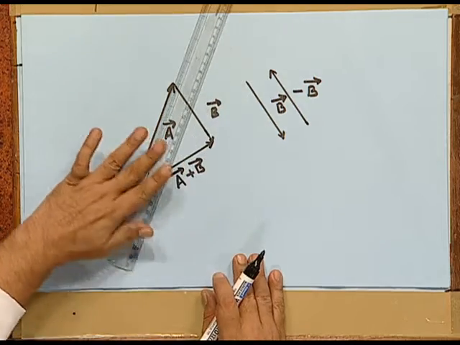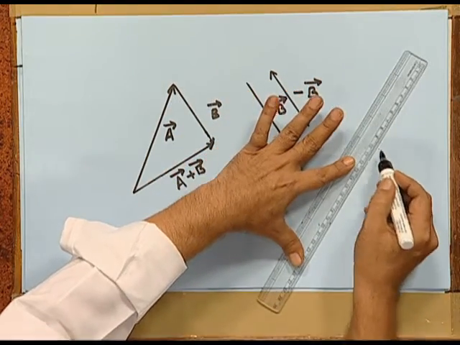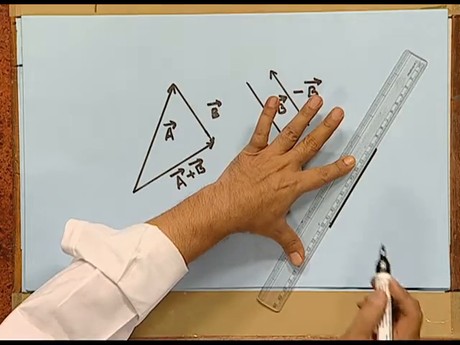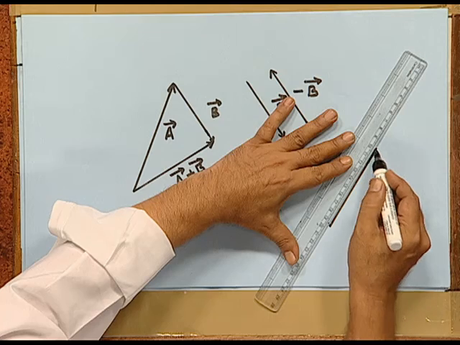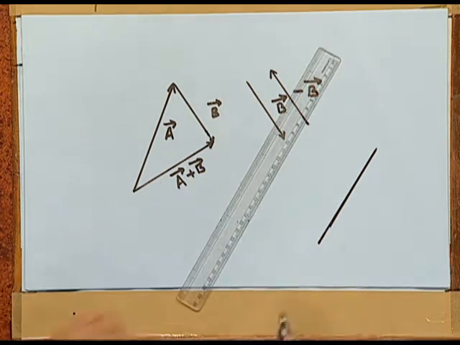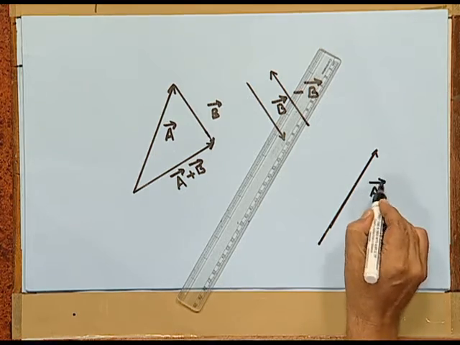First, transfer vector A, let us say, at any point. The length should be the same, ensure that the length is the same. It should be in the same direction and should have the same magnitude. This is vector A. You have to add minus B to it, ensure that the tail of this vector minus B is at the head of vector A. What we do is draw parallel at this point and have the same magnitude.